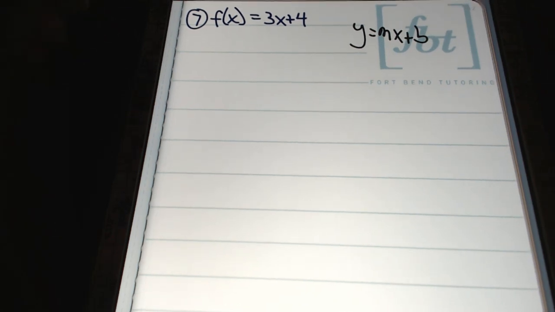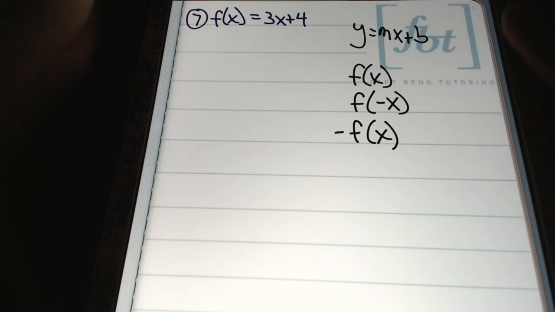Okay, there you go. So let's see. Lydia says, so if f of negative x is even and the opposite of negative x is odd. Right. That's only if they match, Lydia. So let's say in general, the original function is f of x. You'll then plug in f of negative x, and then you're seeing what the opposite of f of x is. If f of negative x matches the original function, you're dealing with an even function.